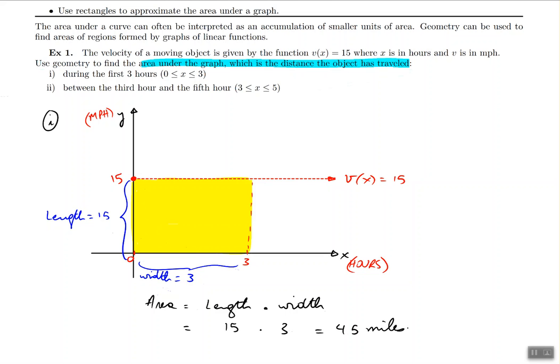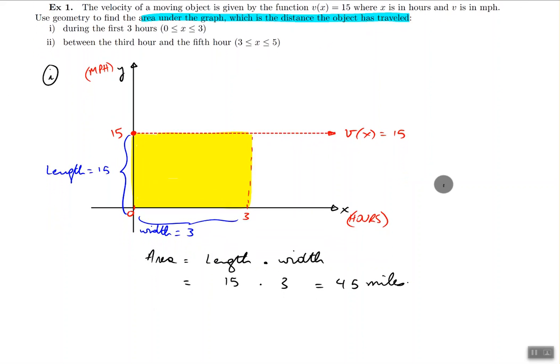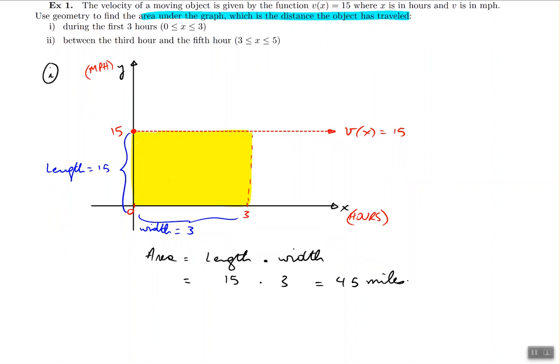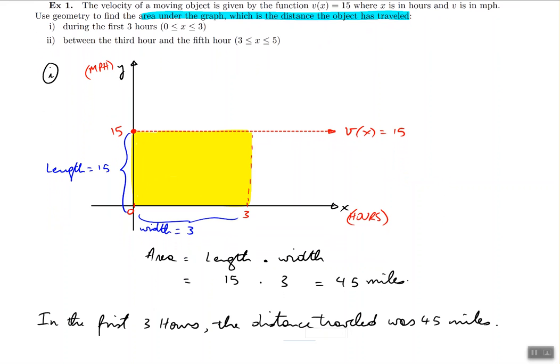We'll say a sentence at the end explaining what this means: in the first 3 hours, we traveled 45 miles. So I'm going to write down over here distance. In this case, the area of the rectangle represents the distance that our object has traveled. That's the end of part 1, and the solution is 45 miles.